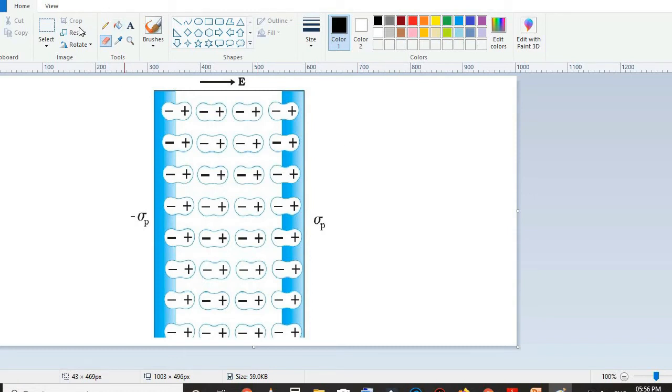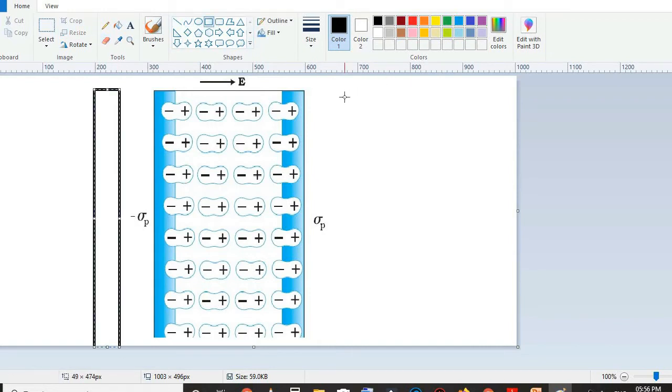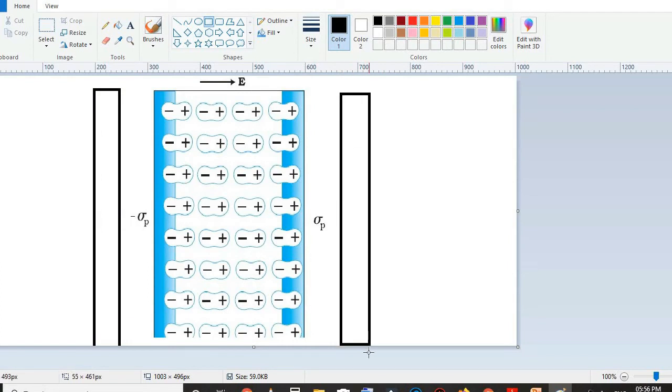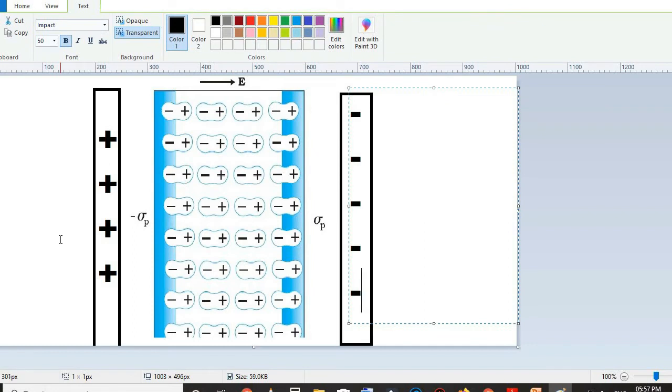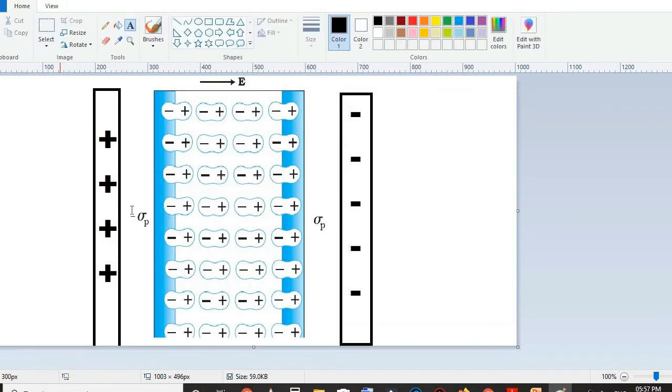When an external electric field acts between the two parallel plates, there will be an electric field E. Because of the action of the electric field, all the dipoles will align in the same direction.